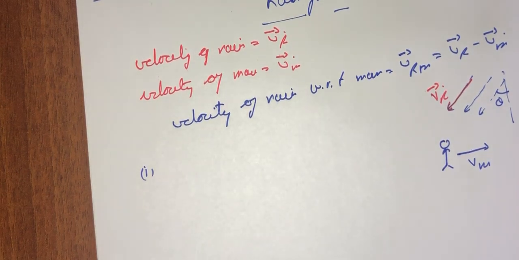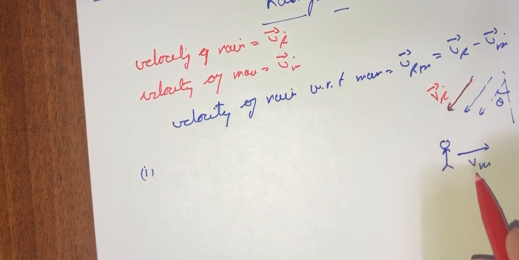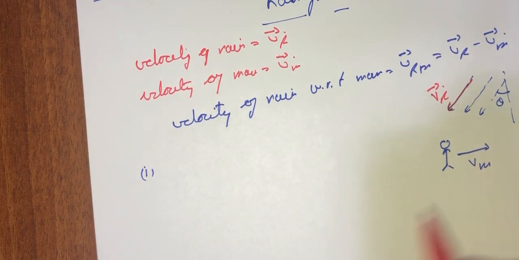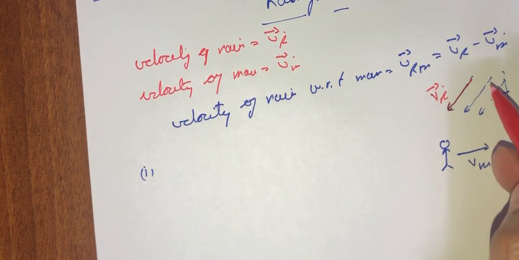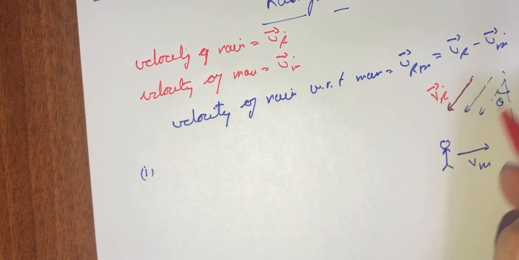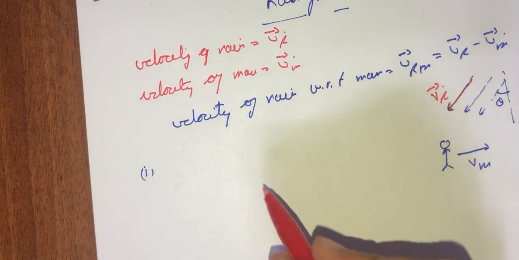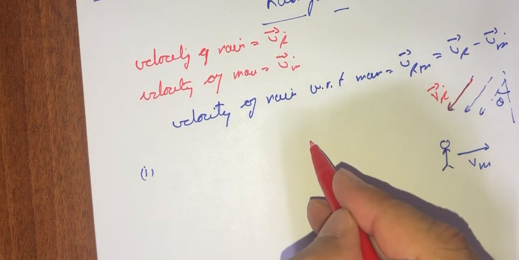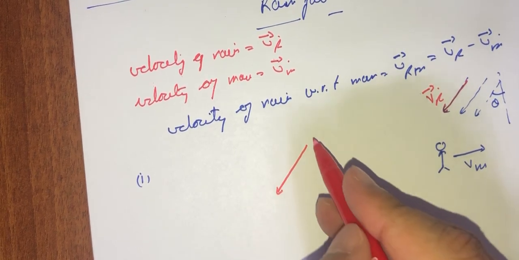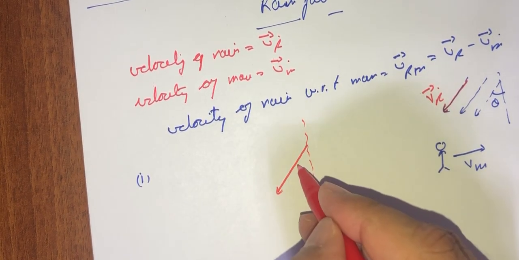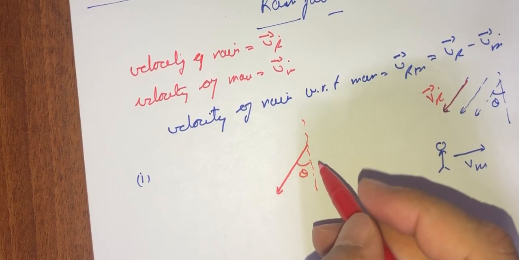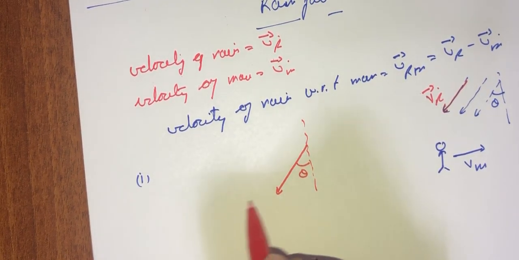So we are going to use the triangle law to find out what will be our Vrm. Vrm is in this direction, and Vr is in this direction, and it is making an angle of theta.